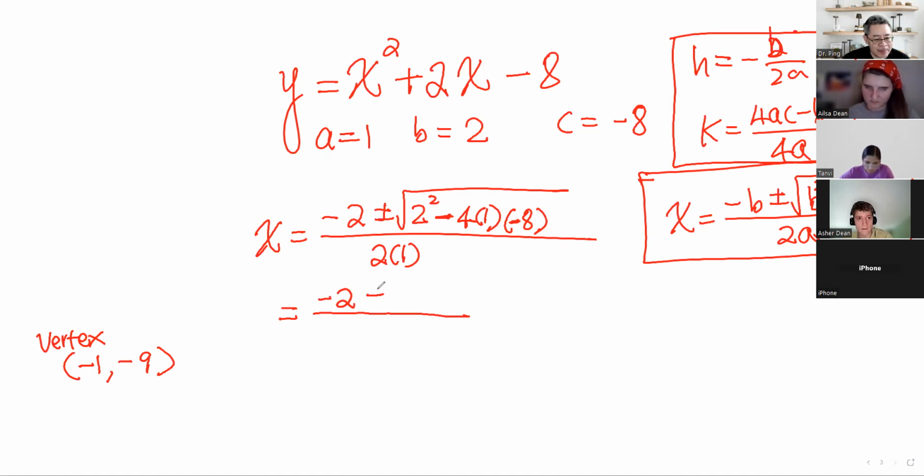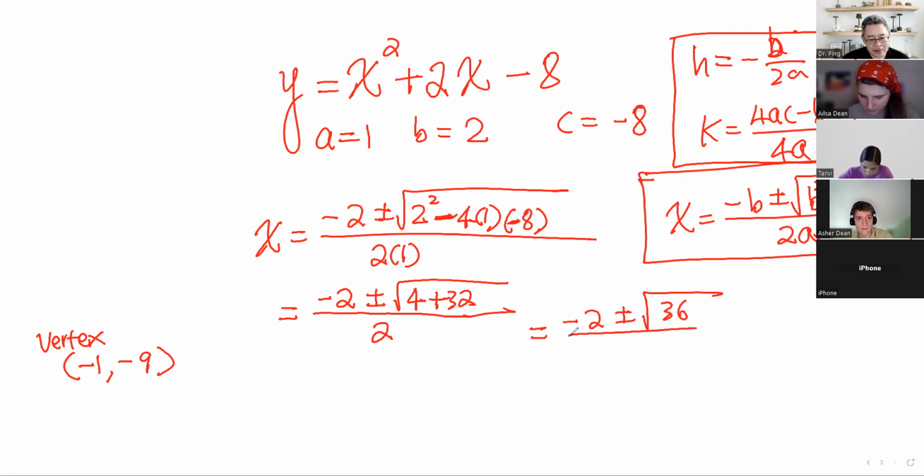We got -2 plus minus, and what's in here is 4 minus negative, negative positive, 4 times 8, 32. Over 2, so that gives us -2 plus minus 36 over 2. Now the square root of 36 is 6, so we got -2 plus minus 6 over 2.